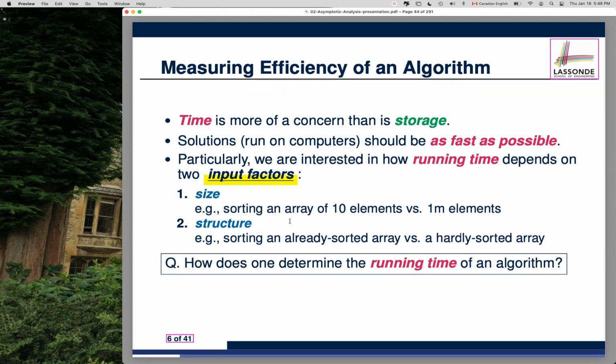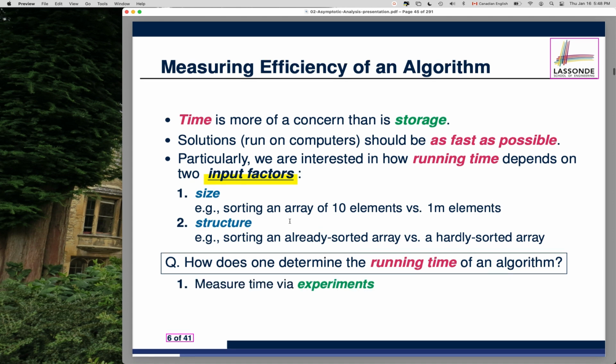All right, so how do we determine the running time of the algorithm? Let's get a little bit more and more specific. We're going to focus on the timing efficiency. There are two approaches, and we're going to focus on one of them just for today, and we'll do the more rigorous one starting from next Tuesday. We're going to first talk about measuring using some experiments.